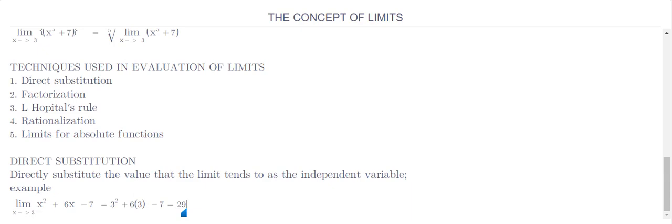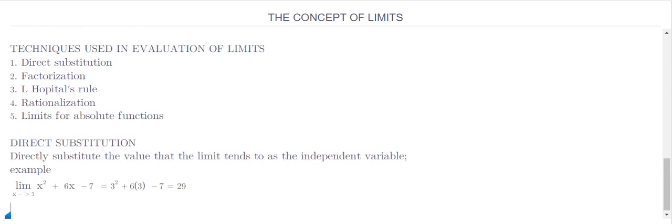Our x is tending to 3. That is an arrow. So wherever you have x, substitute 3. It becomes 3 squared plus 6 into 3 minus 7. 3 squared is 9. 6 times 3 is 18. That is 27 plus 9, which is 36. Minus 7 gives you 29.